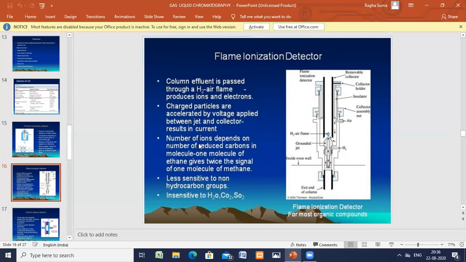One molecule of ethane gives twice the signal of one molecule of methane. It is less sensitive to non-hydrocarbon carbons, and insensitive, as I told you, to water, carbon dioxide, sulfur dioxide, SiCl4, CO, CS2, carbon monoxide, ammonia, nitrogen monoxide.